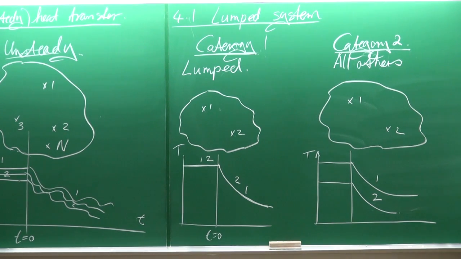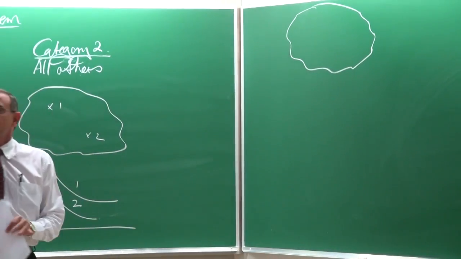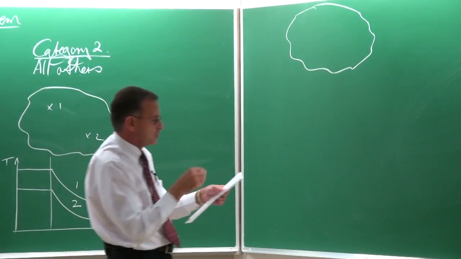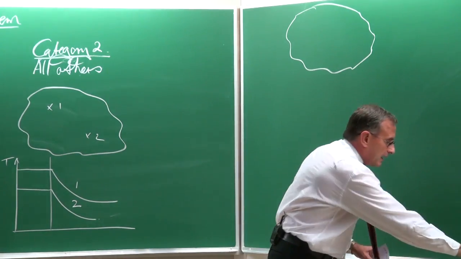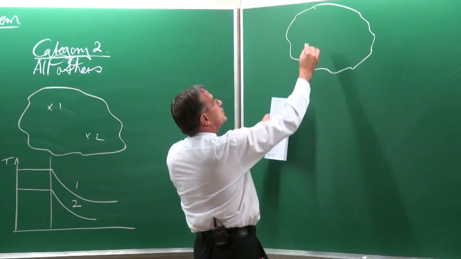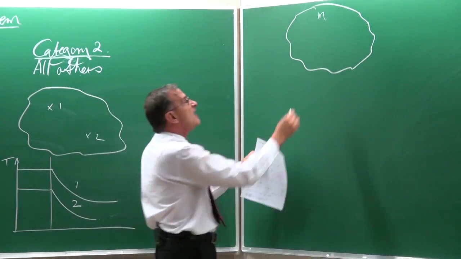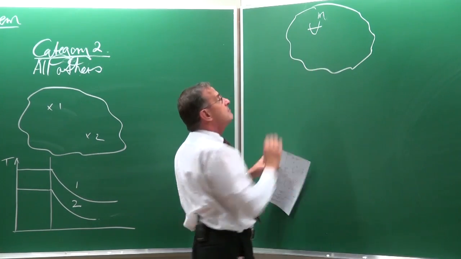Let's start with the derivation of the equation that we can use for the lumped system approach. The derivation starts by considering any arbitrary body with a certain mass m and a certain volume.